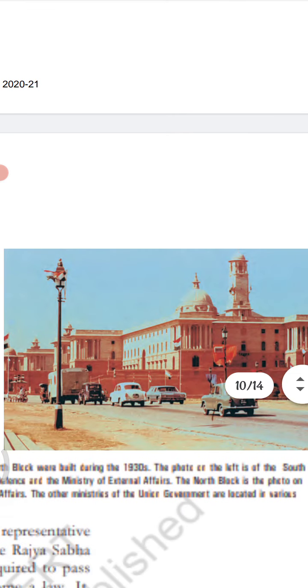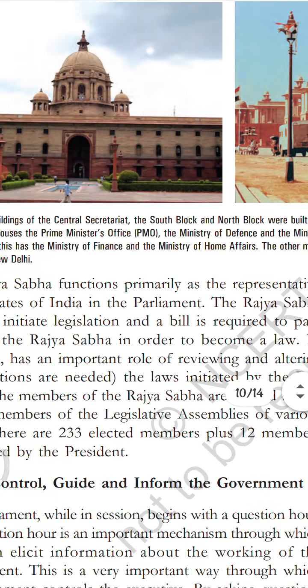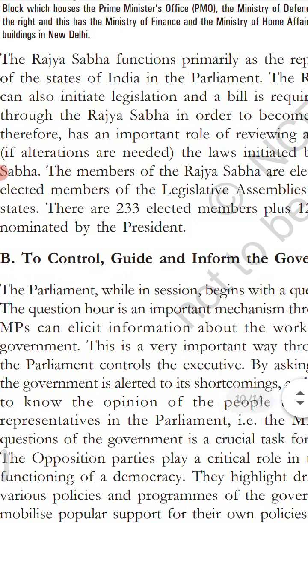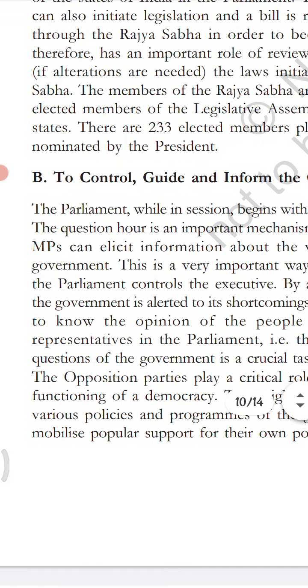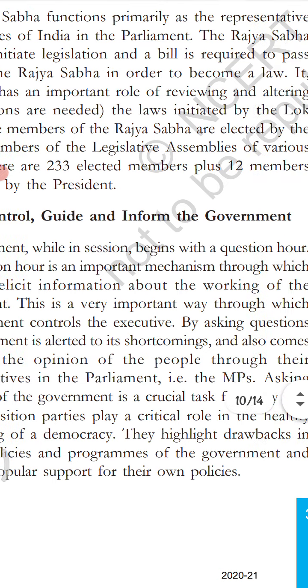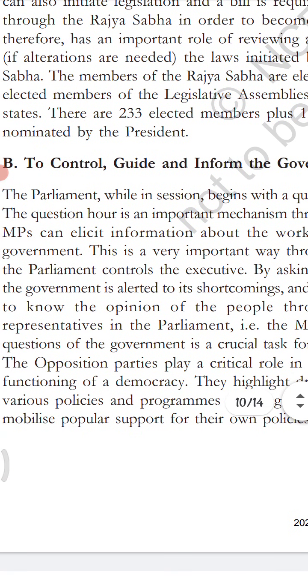This we have discussed. Then about Rajya Sabha, we discussed that 233 are elected members and 12 nominated by the President of India. The next work of Parliament is to control, guide and inform the government. So the opposition, here we discuss.